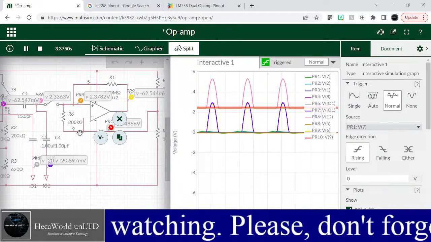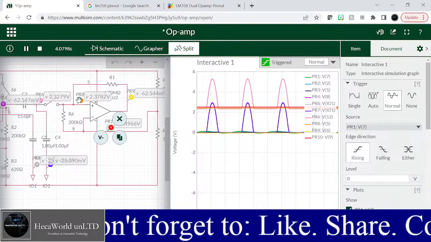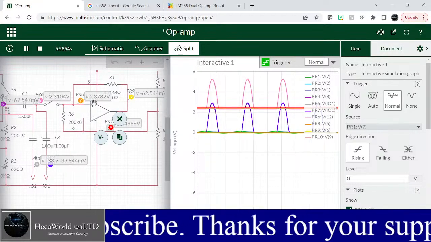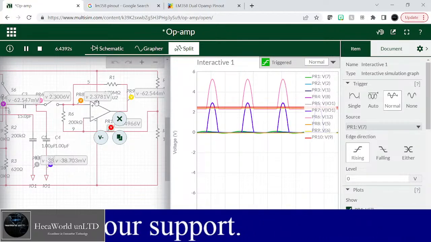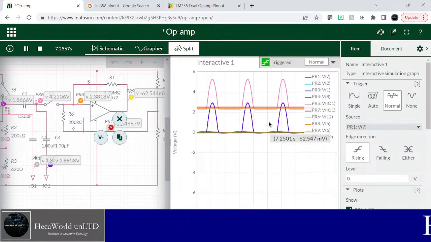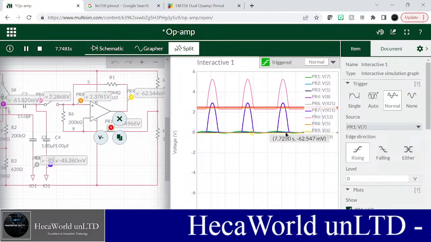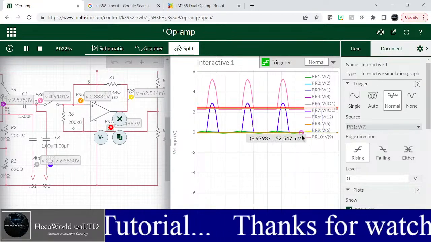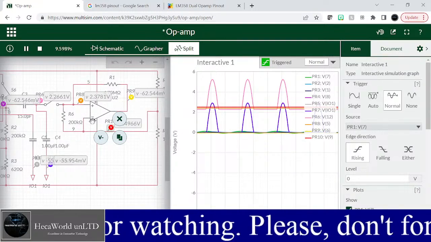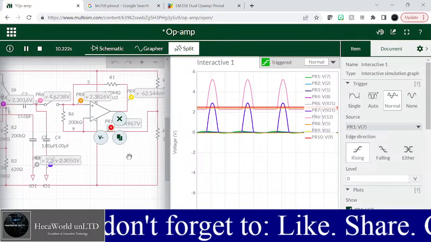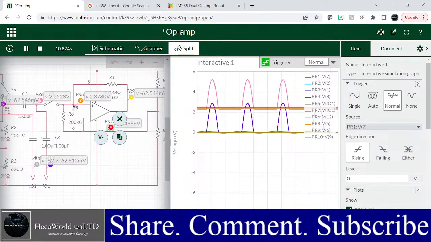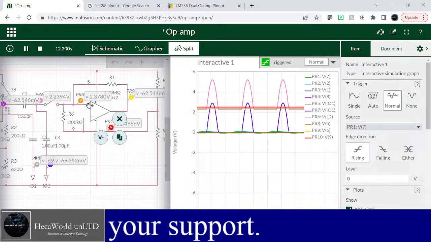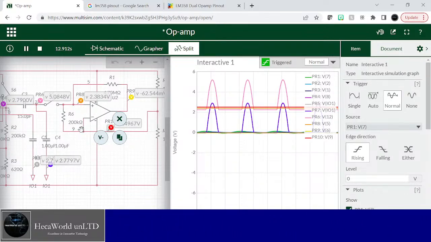So there are 2.49 volts on the 10th probe and 2.3 on the 8th probe. And for that reason, the 9th probe is now 0. For any reason where the positive input is less than the negative input, the output is 0.